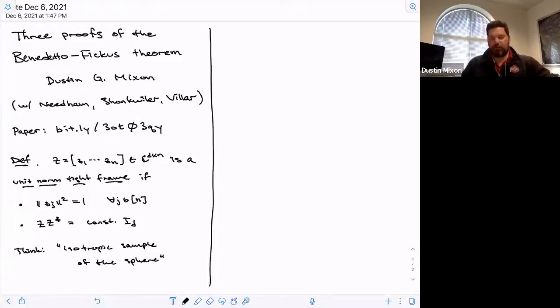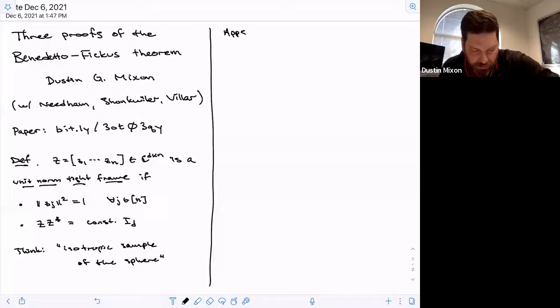Okay, so this is a pretty object, and accordingly it finds applications in a few areas. I'll rattle those off right quick. Harmonic analysis.